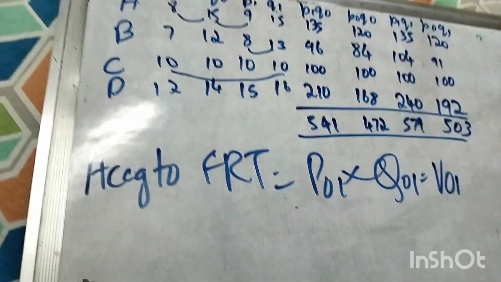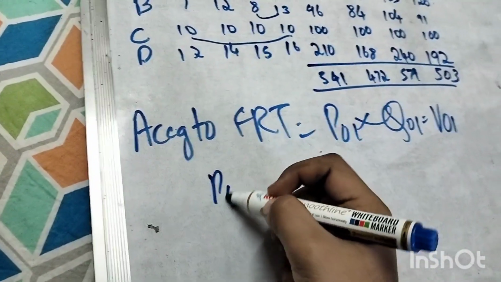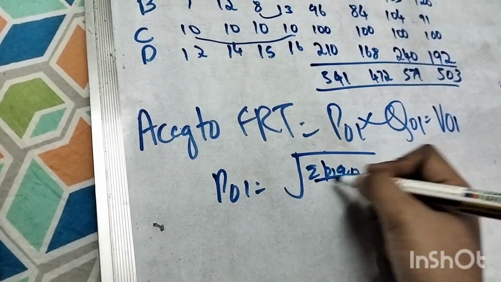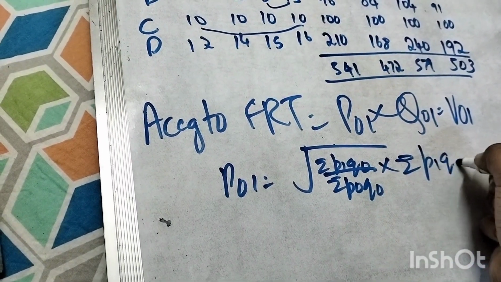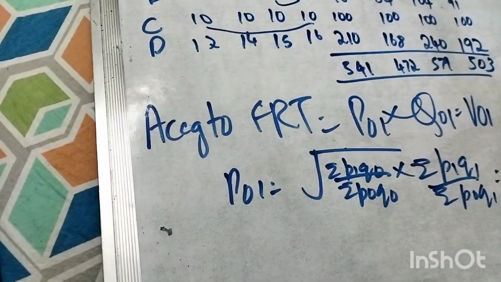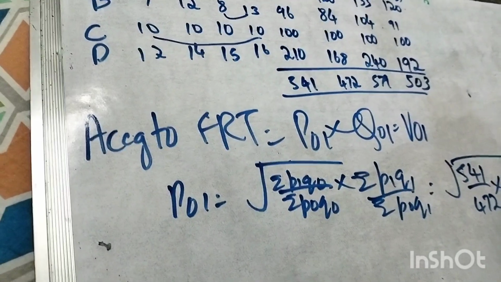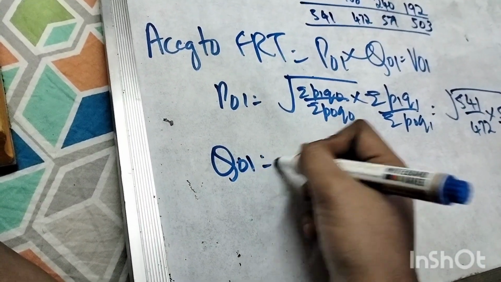According to FRT, P01 into Q01 is equal to V01. You write P01 again, the same formula: P1 Q0 by P0 Q0 into summation P1 Q1 by summation P0 Q1. Substitute again 541, 472, 579 and 503. Next is Q01.